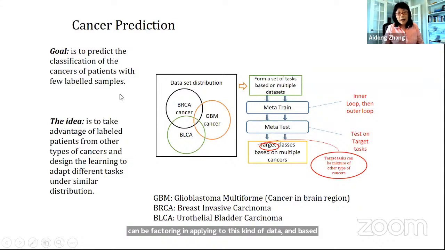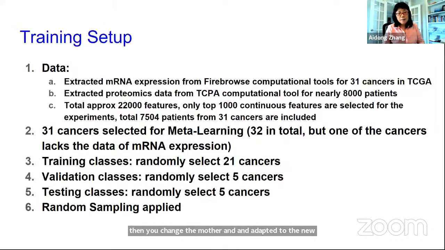Basically, you have different samples with different cancers, and small tasks for each cancer with a few samples and prediction, and then you train the model and adapt it to a new model. I will skip that. So I want to show you the result on this. We train the model with meta learning from 31 cancers, because 2 cancers are too small and the data are not adequate.